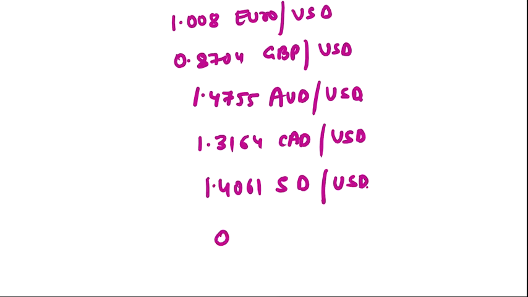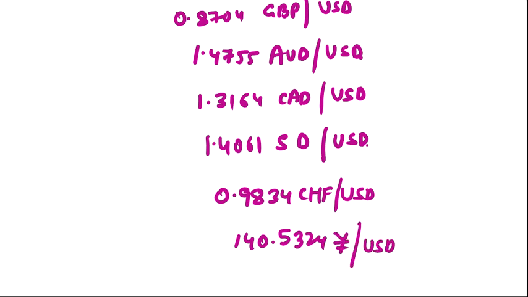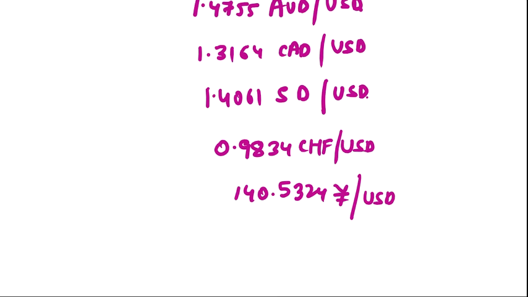You remember CHF, 0.9834 CHF per USD. Clear? If I talk about the Japanese yen, 140.5324 Japanese yen per USD. Clear? If I talk about the Chinese renminbi, it is 6.9404 per USD.